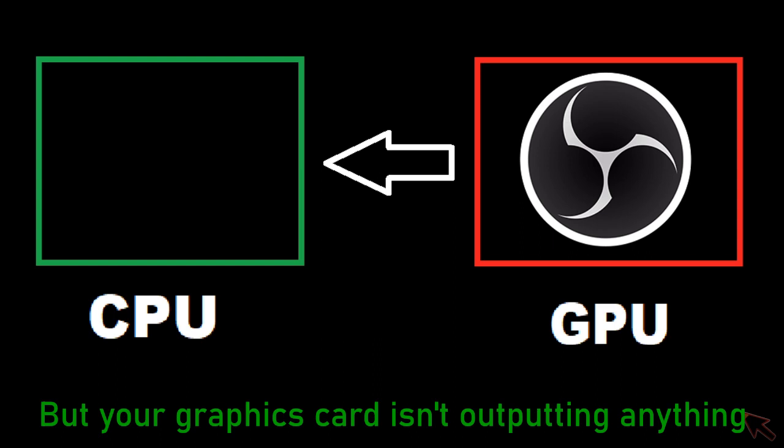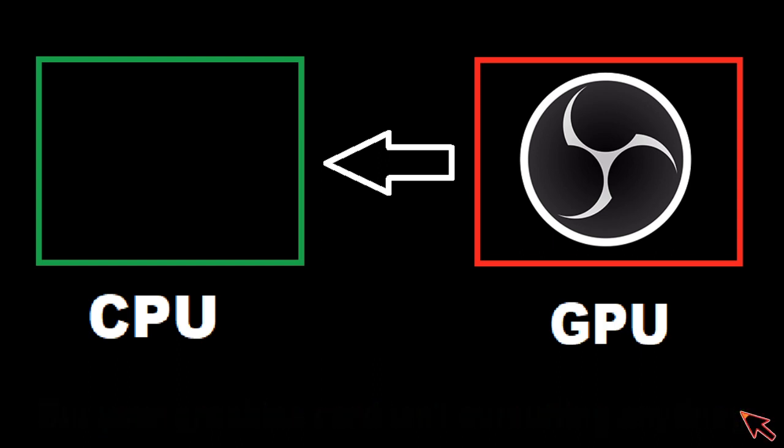The issue is that because you're trying to output a display capture from the GPU, and OBS is also running on the GPU, you're not getting anything because there isn't actually anything being fed through the graphics card.